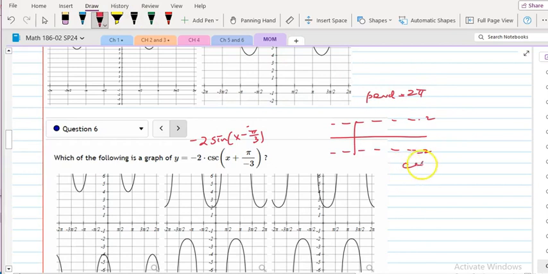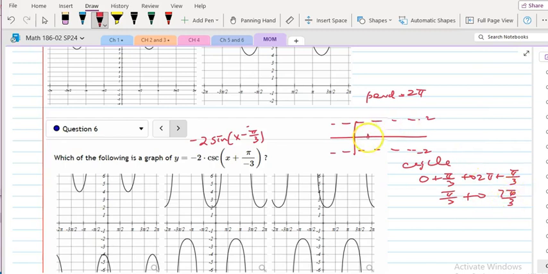So the cycle would be from pi over 3 to 2 pi plus pi over 3, so 7 pi over 3. That's where it is. It begins here. There's a reflection, which means you go down first and go up and down.